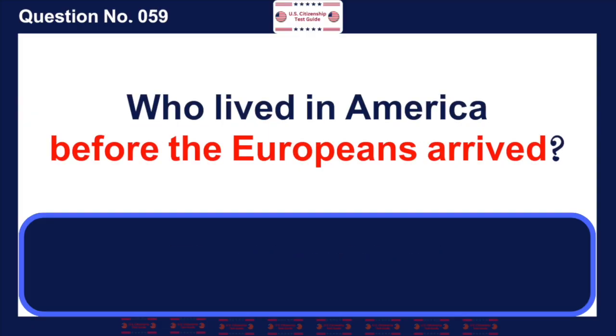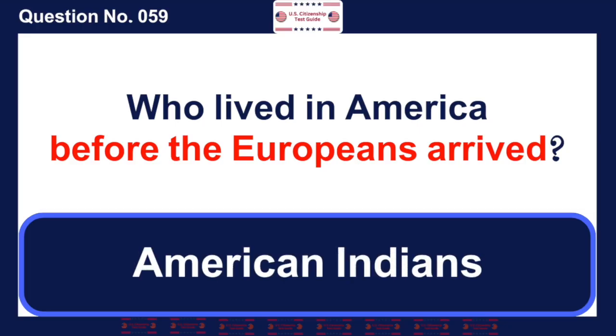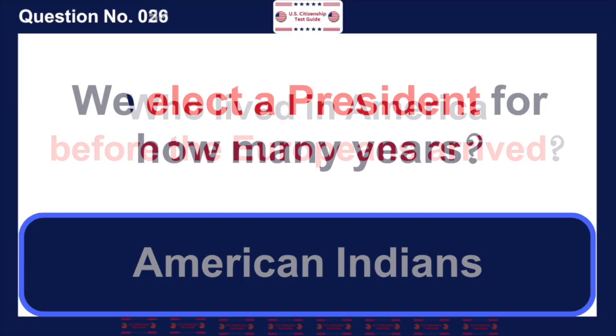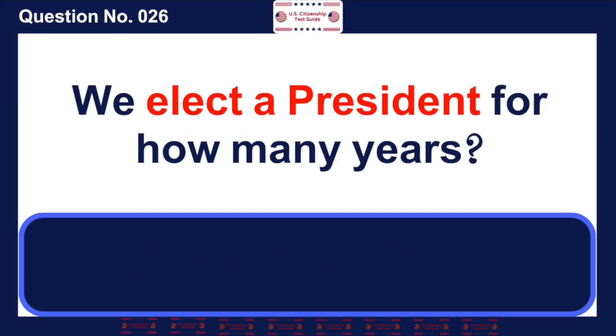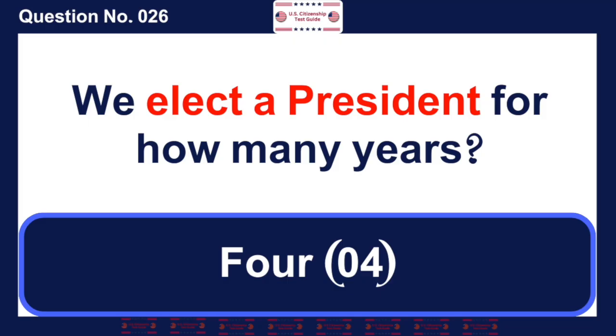Who lived in America before the Europeans arrived? American Indians. We elect a president for how many years? Four.